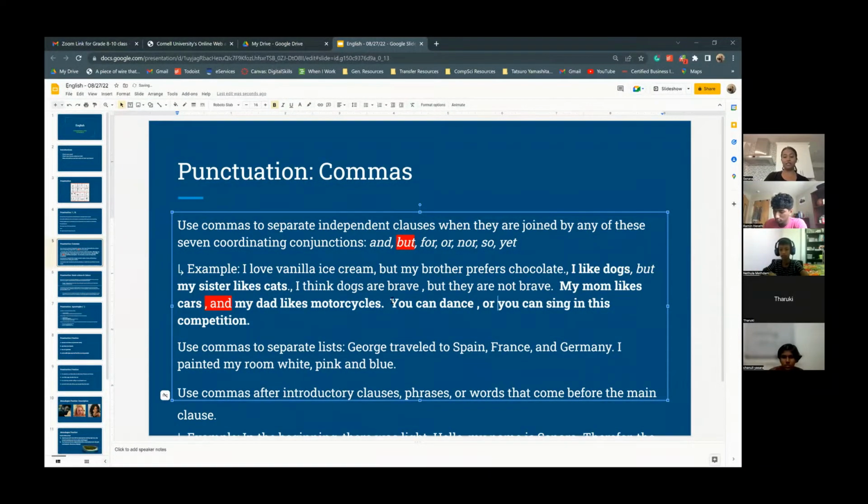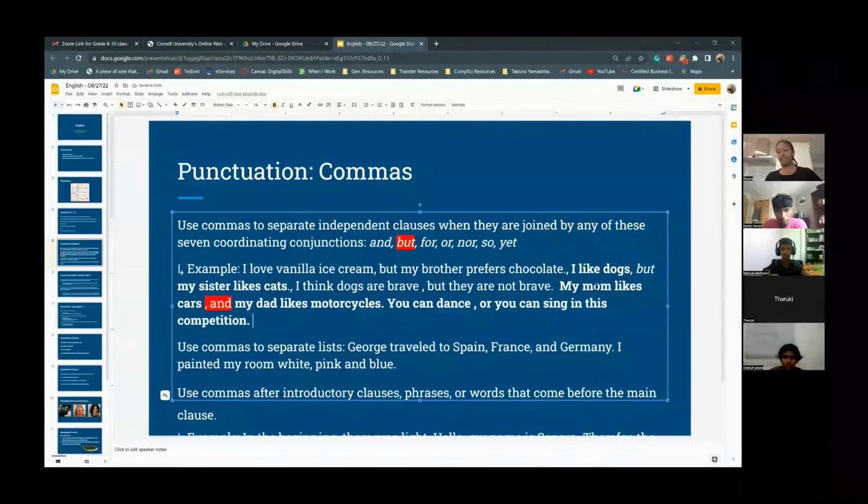so that would be two separate sentences, right? So, you can dance, or you can sing in this competition. That would be an example of when we use a comma. But again, we can simplify it like the way Channelie said, and the sentence that she said isn't grammatically incorrect, but we're trying to switch it so we can implement a comma in it, right?